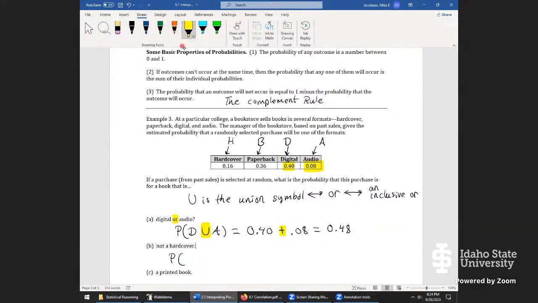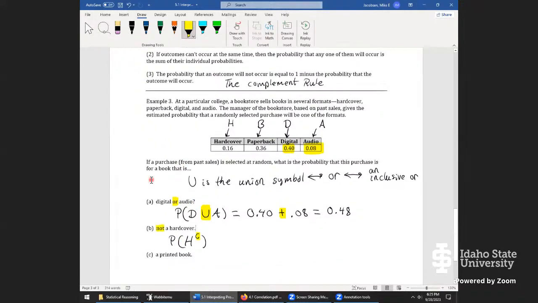Just like on part A, the word not is also really important in statistics. And it also has its own symbol that we have to tack on. The way we would write this is, we coded H for hardcover. So if I write this, that's the probability of H. And we put a superscript, like if you're squaring something, this is where the power 2 will go. And that thing is read as a complement. It's a way to say not H. Let's write that down as well in the notes.